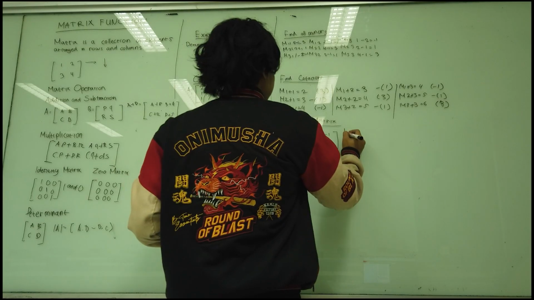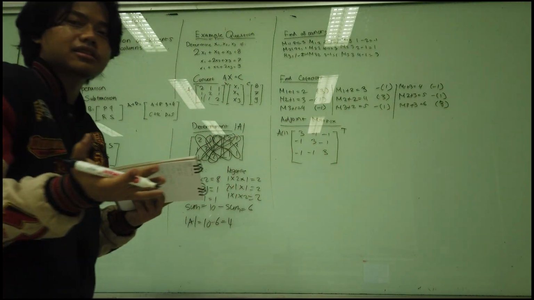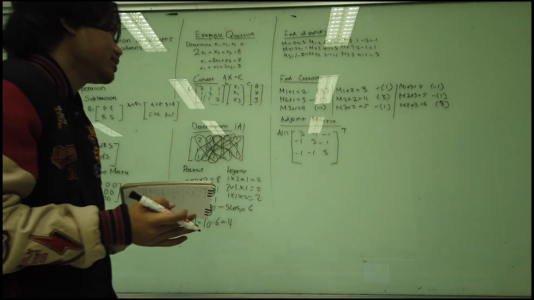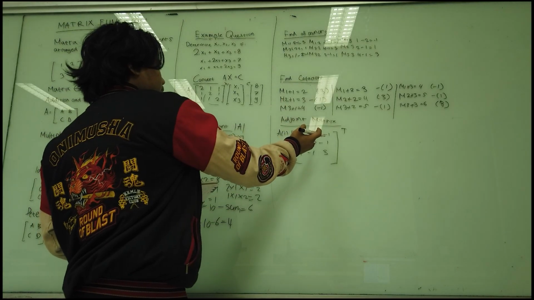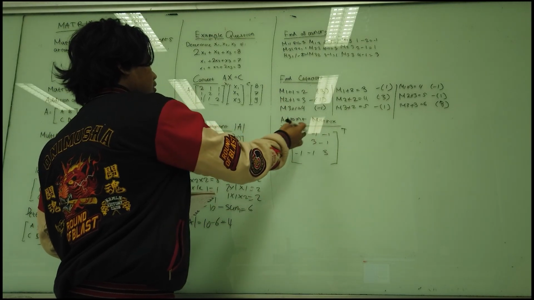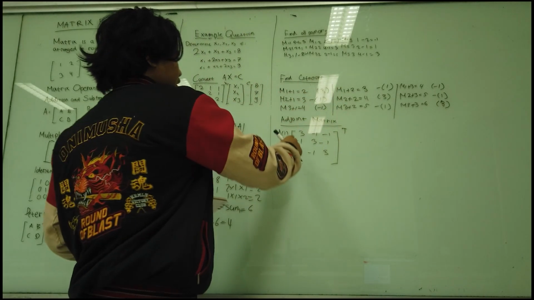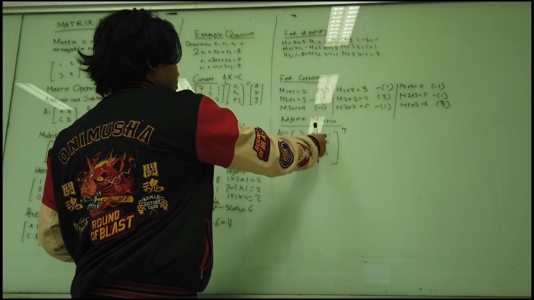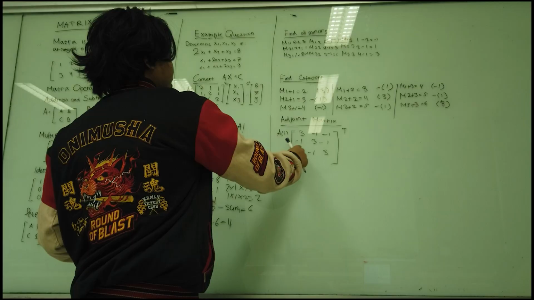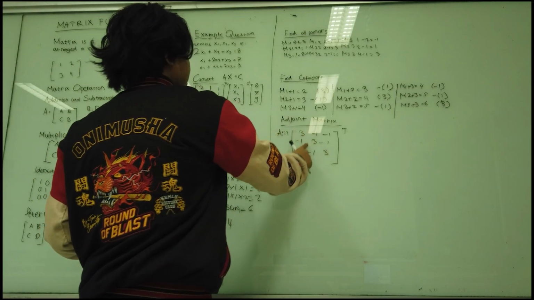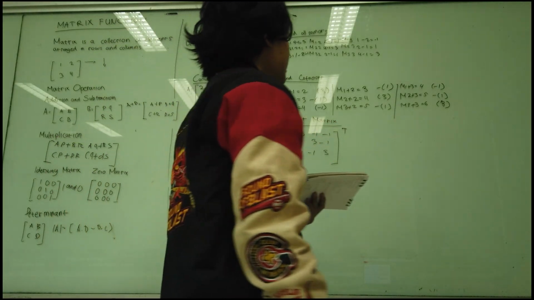So to transpose it, we basically just need to swap the rows with columns. Yeah, it's actually the same. The other way around. So here, 3 minus 1 minus 1, we put it into the column. Minus 1, 3 minus 1, put it in the second column, and so on.